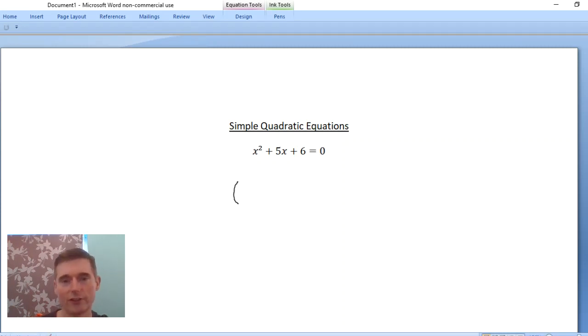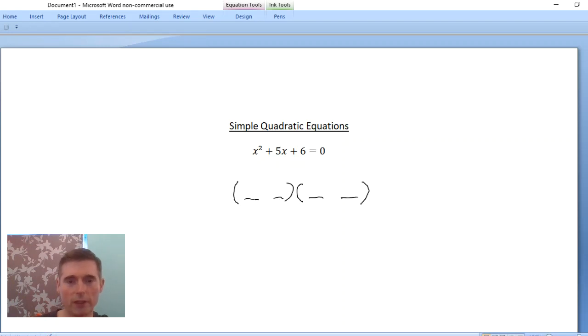Now factorising means putting it into two brackets, which will look like this, and we will have a term here and a term here in each bracket. So each bracket will have two terms in it.